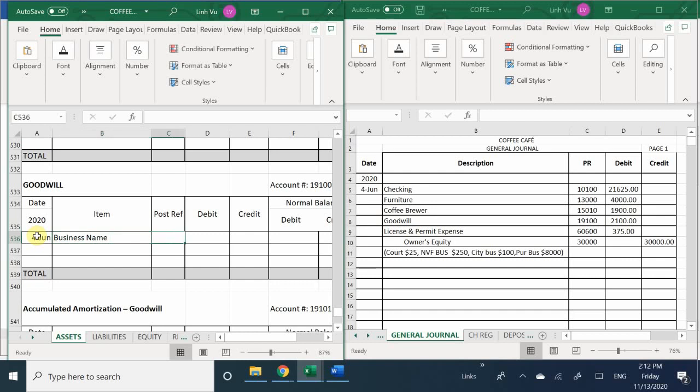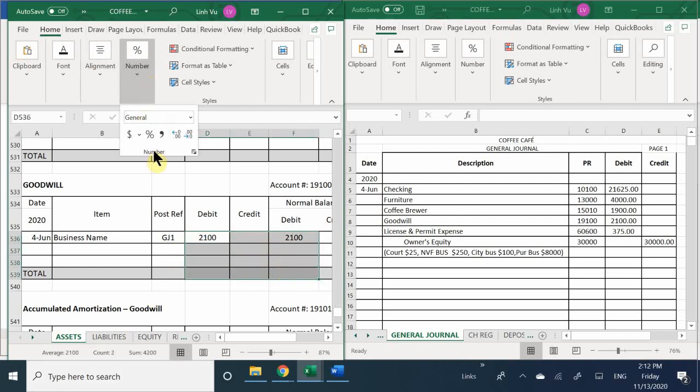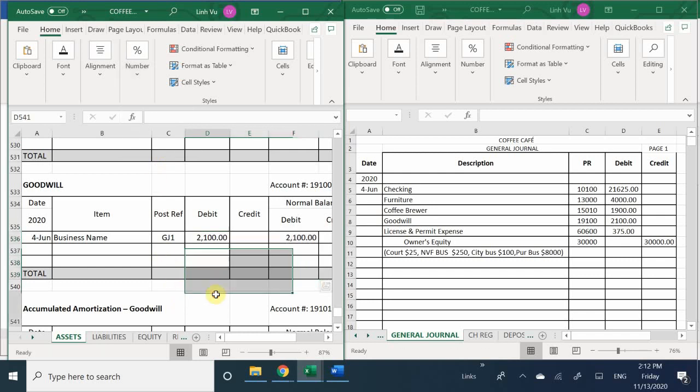General journal number 1, and I debited my goodwill account by $2,100, making my balance start off at 2,100.